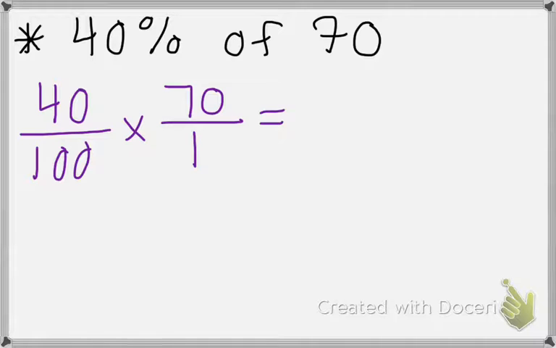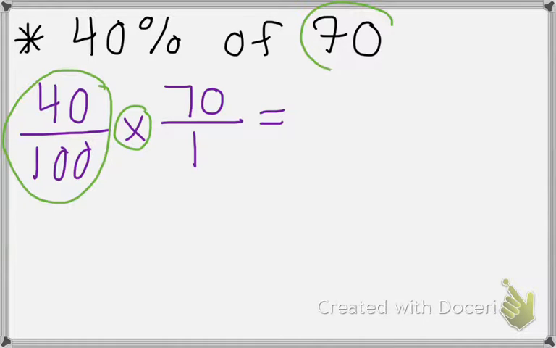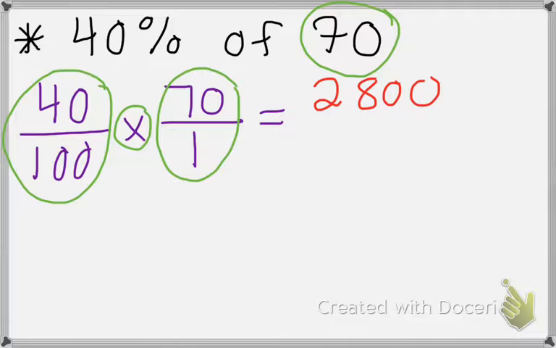So 40%, I put that into a fraction form, so I put 40 over 100. Then I multiplied it by 70, so 70 over 1. Now 40 times 70 is 2,800, right? Because 4 times 7 is 28 plus 2 zeros.